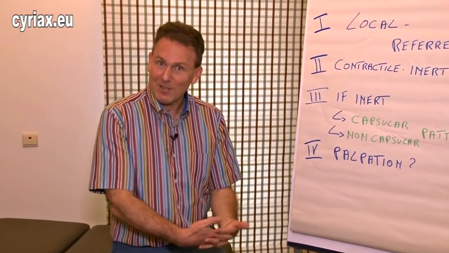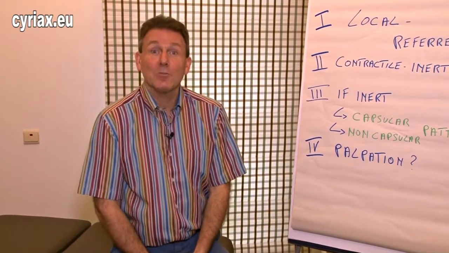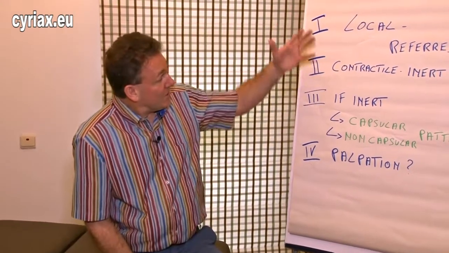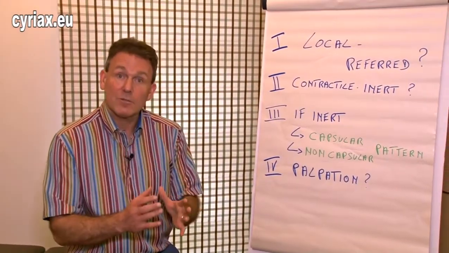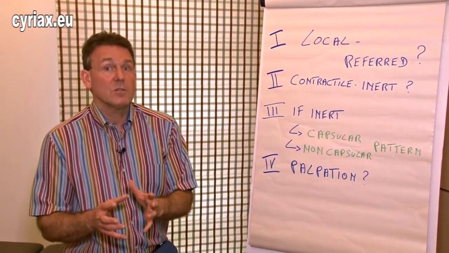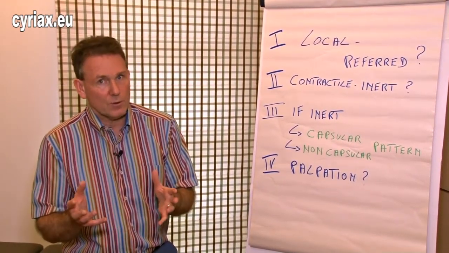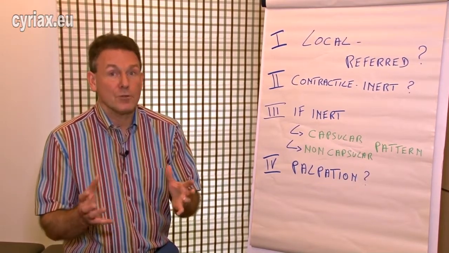So the painful arc is a wonderful localizing sign, so we really don't need palpation anymore. This is a general system which we apply for diagnostics in the extremities. In the spine, the system is slightly different, which is also logical because those are totally different situations, totally different joints.